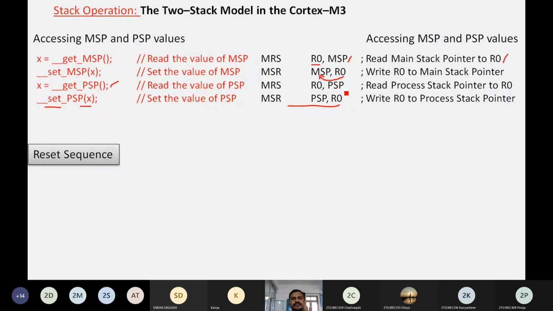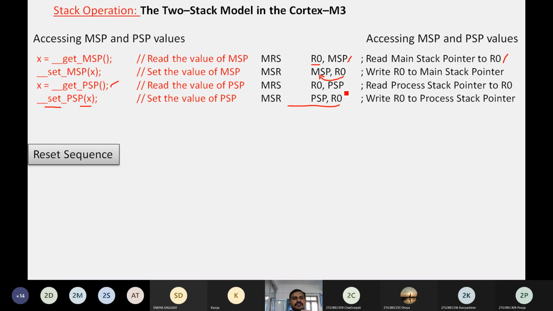Another operation with respect to Cortex M3 is the two stack model. Then how we need to control or access these respective stack pointer registers. That is register R13.